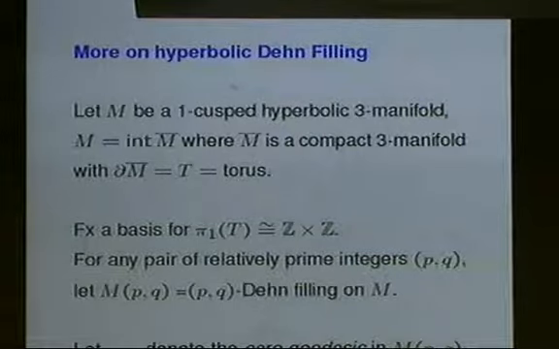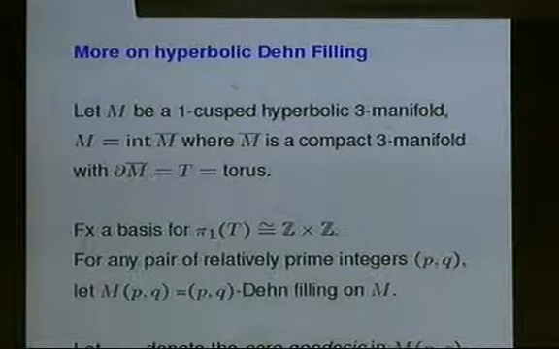The figure 8 knot complement is a good example. By using the Margulis lemma, you can see this always looks like the interior of a compact manifold with torus boundary. So we've got M bar, which is compact, and the boundary T is a single torus.